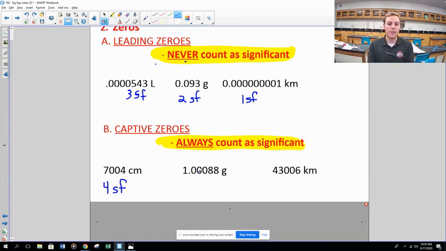These 3 zeros are in between a non-zero 1 and the non-zero 8 right here. And so they're all significant. And so we have 1, 2, 3, 4, 5, 6 significant figures in this measurement. And this last one over here, same kind of idea. These zeros are captive by a non-zero 3 and a non-zero 6, so they count as significant. So we have 5 significant figures.